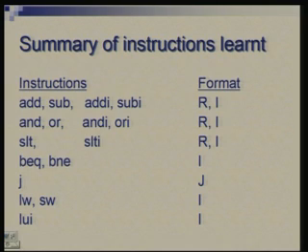So, in I format there is a field of 16 bits, so that a 16 bit constant can be provided. Yet another format was J format, which is for jump instruction, where the 26 bits which are left after having a 6 bit opcode are used for specifying address.